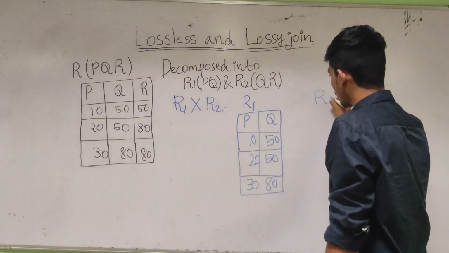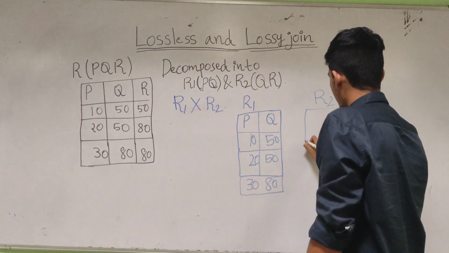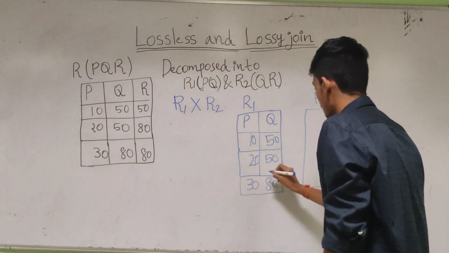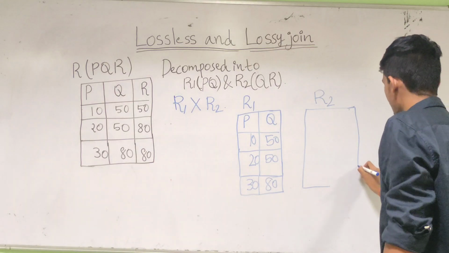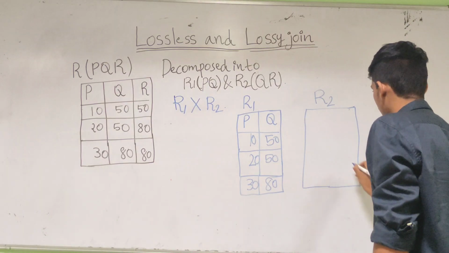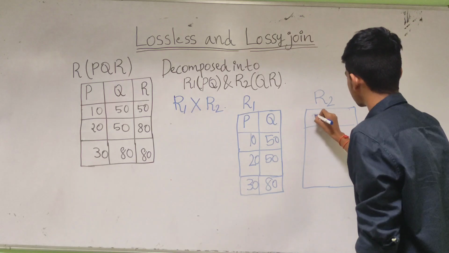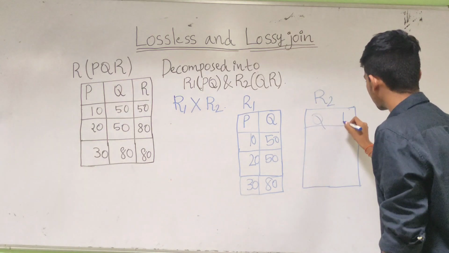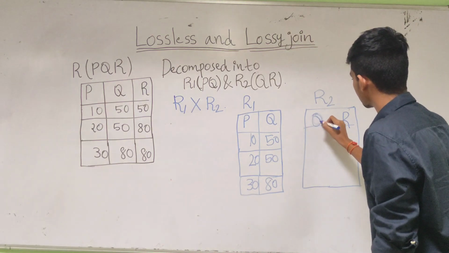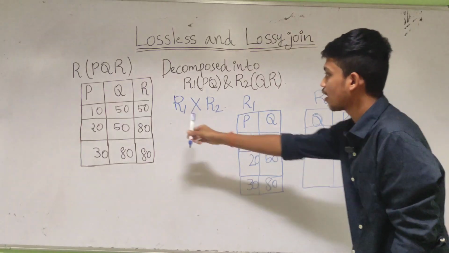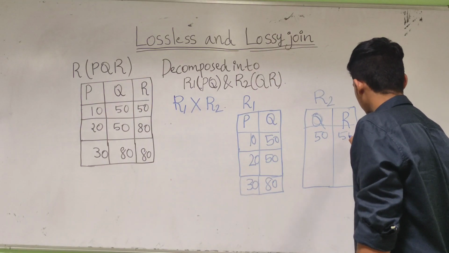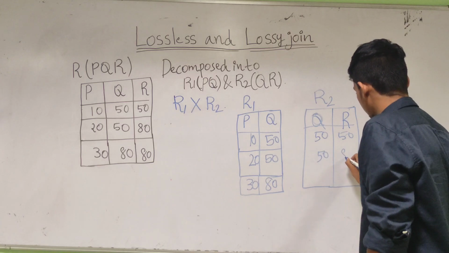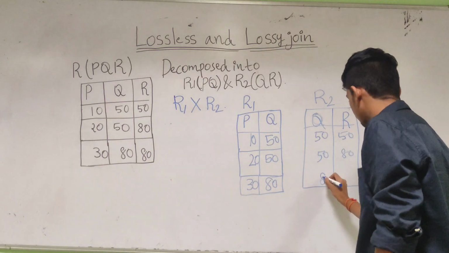And this is the R2 table. R2 has 50, 50, 50, 80, and 80, 80.